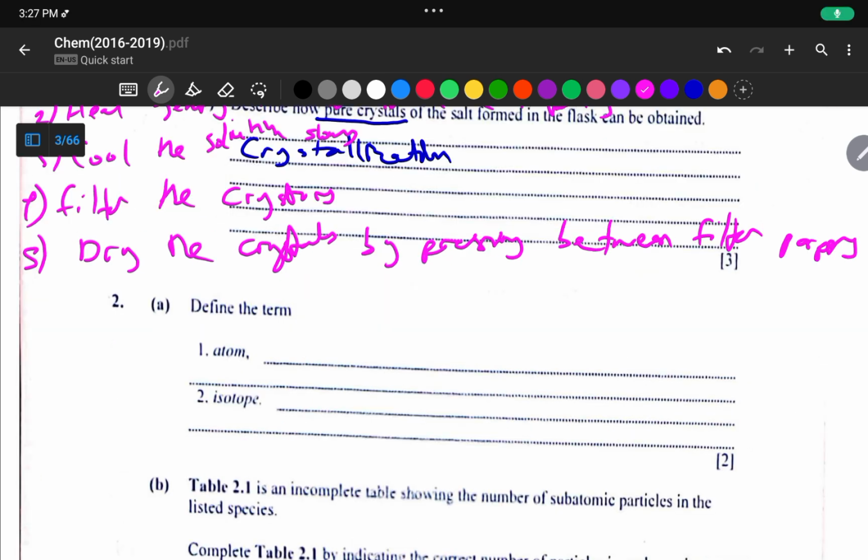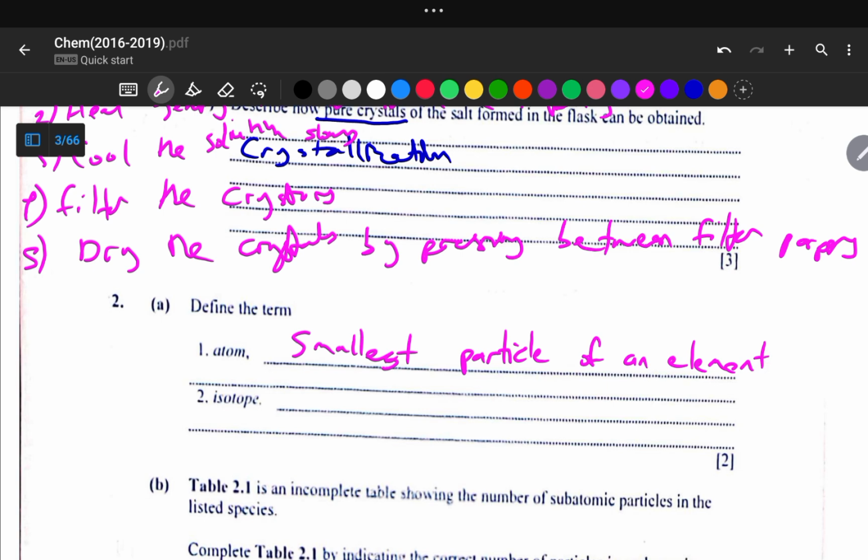On number 2 says define the term atom, and then also define the term isotope. So atom is defined as the smallest particle of an element, right? So this is the simple definition of the term atom, right?